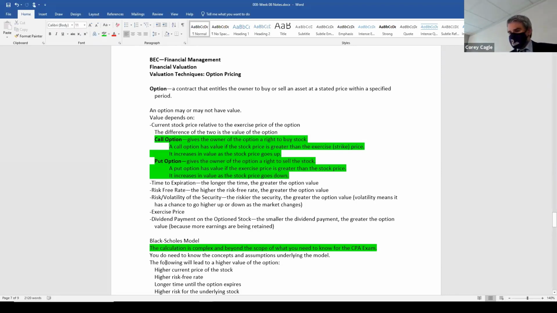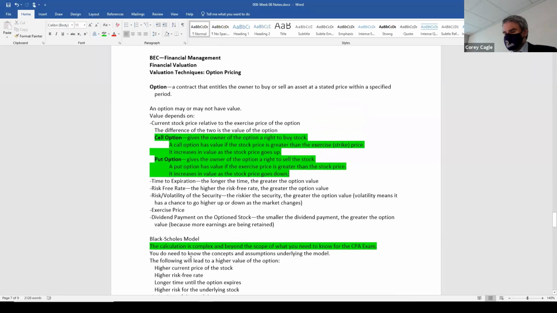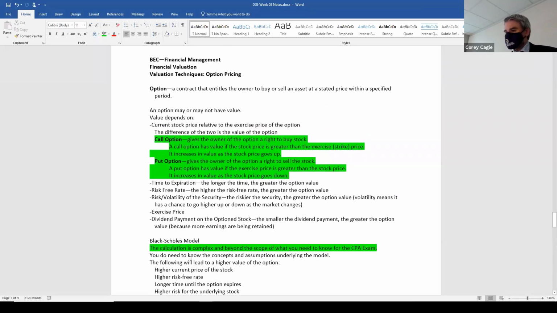Now, here's some more information, and then it's going to be repeated again in a second, but this is kind of the meat of this chapter: what different things happening, how do they affect the value of an option. So, time to expiration. The longer the time, the more it's worth, right? Think about it. You have an option for the next 10 years to sell the thing. A lot can happen in 10 years.